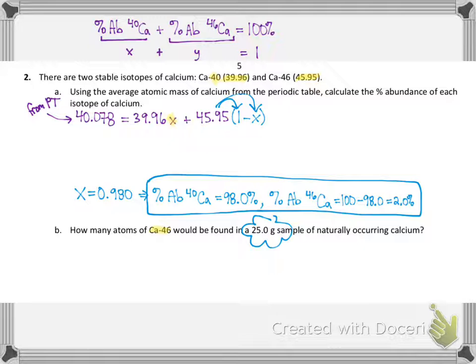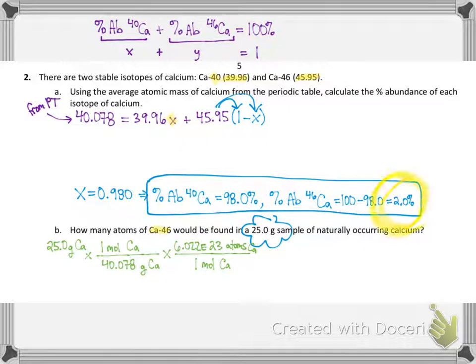So we're going to start off with dimensional analysis, everyone's best friend, and convert our 25 grams of calcium into atoms of calcium. So we just use our molar mass to convert to moles of calcium and then Avogadro's number to find atoms. But we are not done. Remember, if that's all of the atoms of calcium, only a mere 2% of those are actually calcium 46, the one we're looking for.